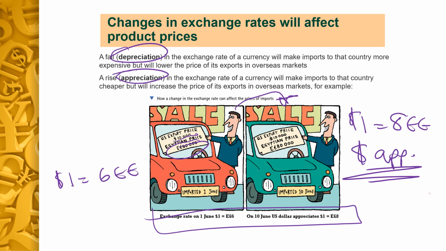For me as an Egyptian citizen, for instance, if I want to import a car from the USA, where will it be cheaper for me? It will be cheaper for me on 1 June because I would be paying in Egypt only 60,000 pounds for it. However, if I wait for 10 June, when the dollar became 8 pounds, I would end up paying more for the price of the car.